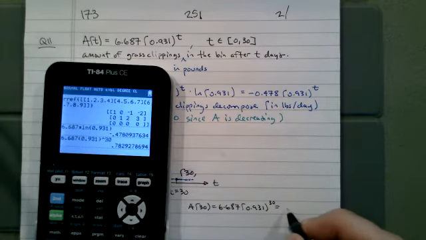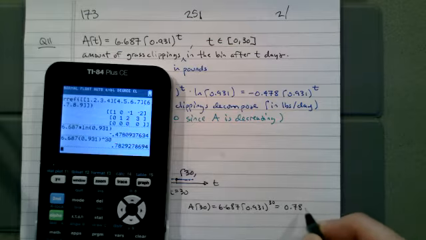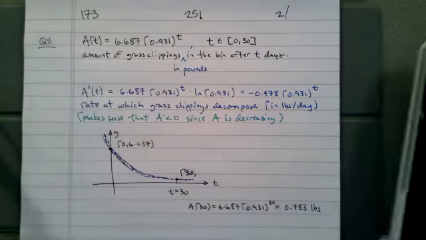After 30 days, we'll have 0.783 pounds of grass clippings.